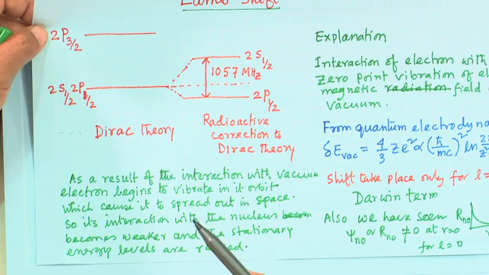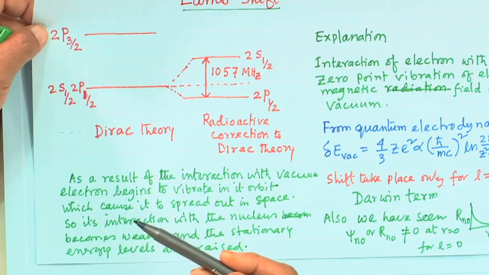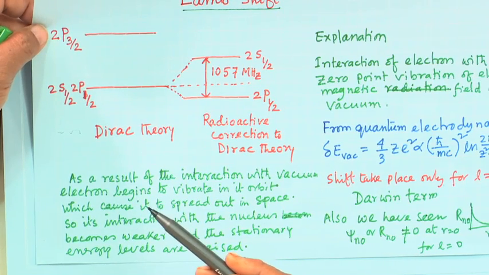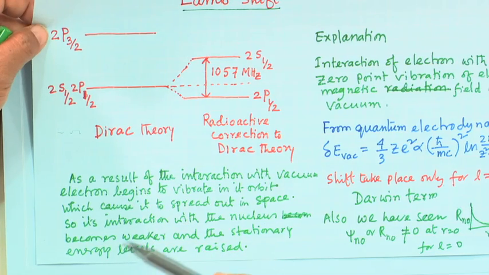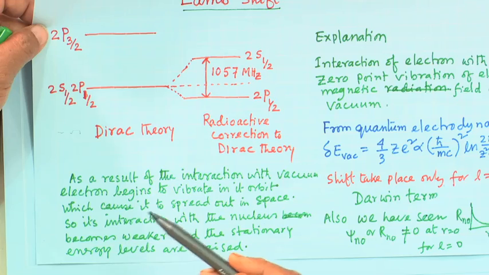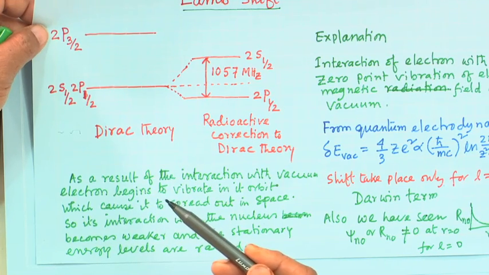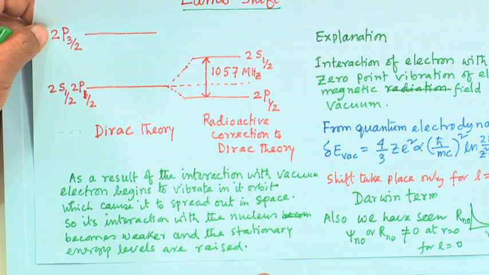When the electron is stationary in an orbit, the interaction between the nucleus and electron is whatever it is. That will be affected when the electron is not a point electron on an orbit, but is spread over, say spherically, over a region.